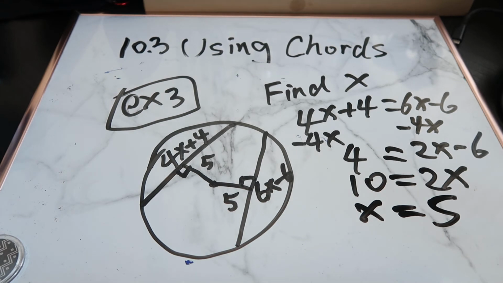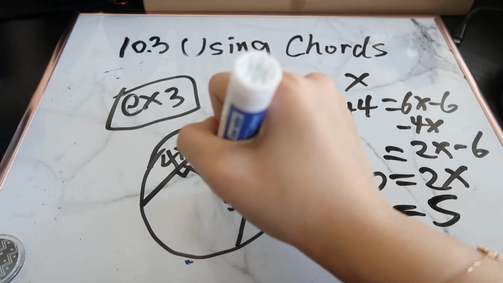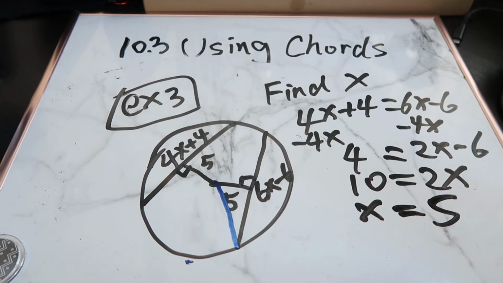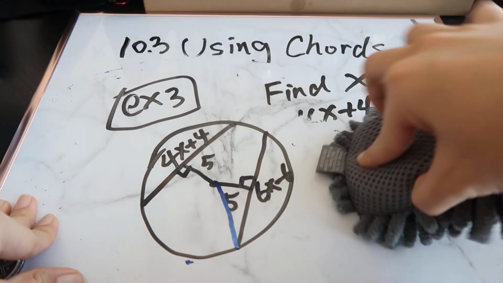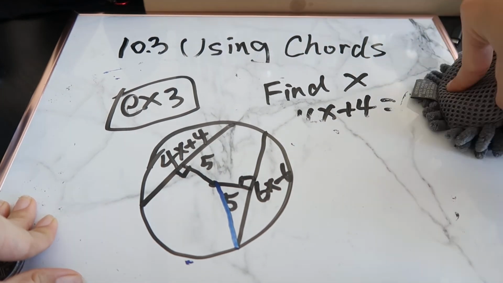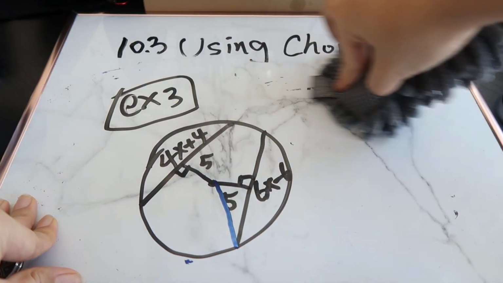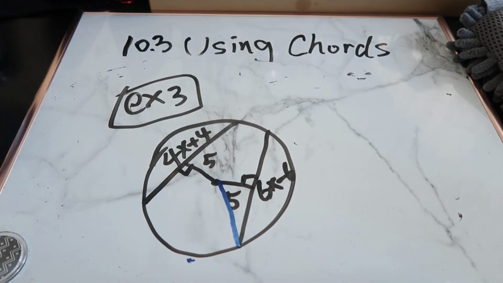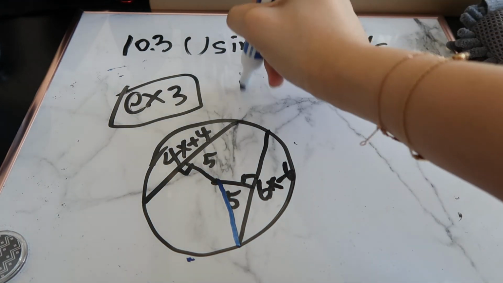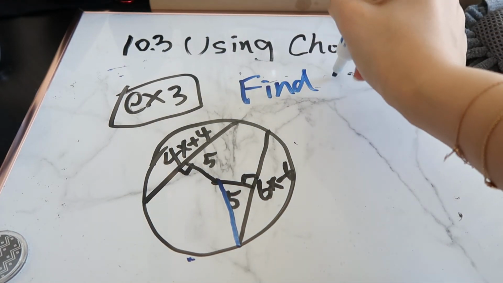So this type of problem can also get a little bit harder when it not only asks you to find x, but it may ask you to find the radius. So let's try to see if we can find the value of the radius here. I'm gonna keep the same problem, but I'm gonna erase this side. Keep in mind, we just found x is 5. But we'll change the problem to find radius.